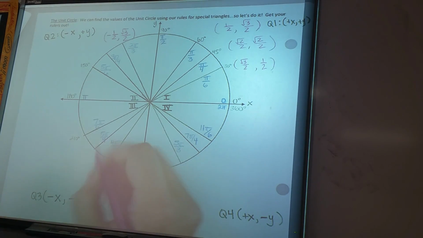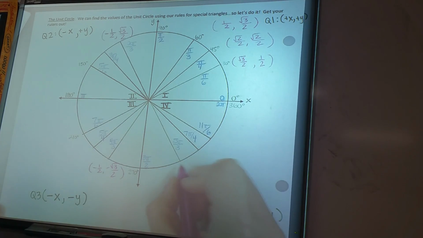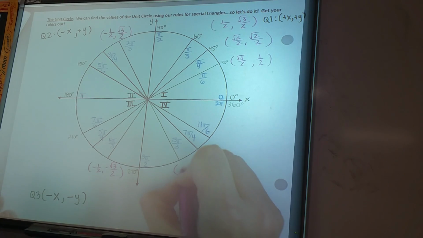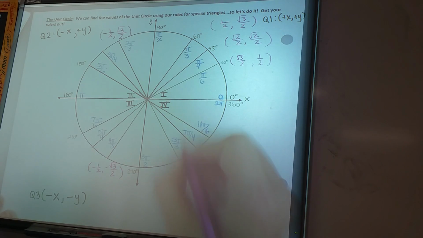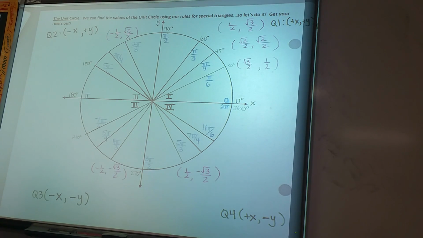Okay, so then this is going to be negative 1/2, negative root 3 over 2. And then I'm going to reflect it again, and then also notice you have your 3 as your denominator. So this would be positive 1/2, and then negative root 3 over 2. Okay, and then you can do that with all of your points.